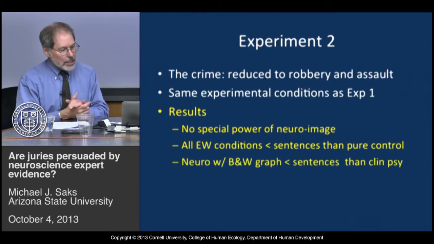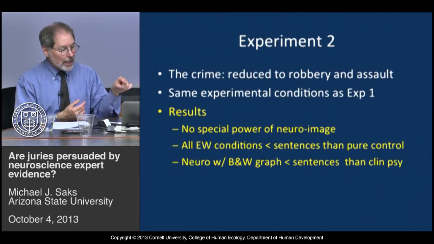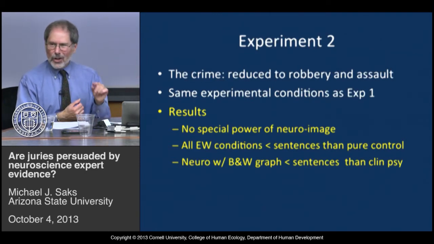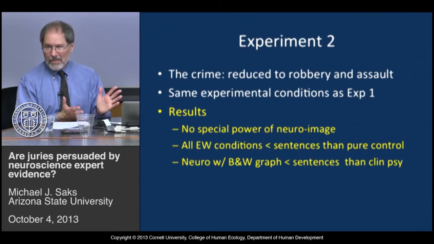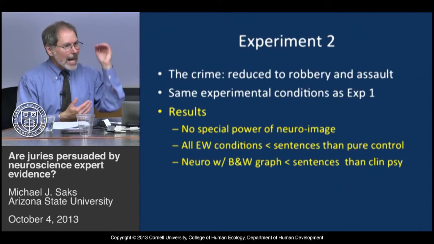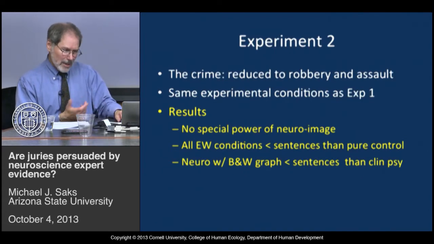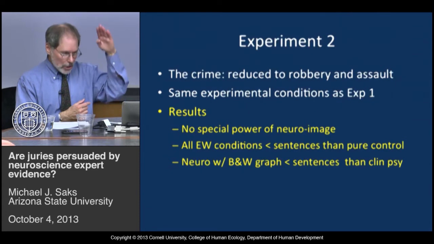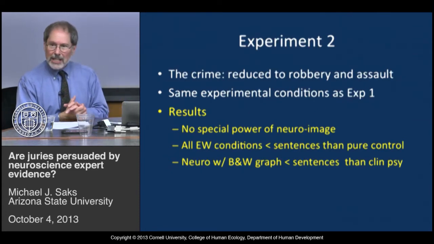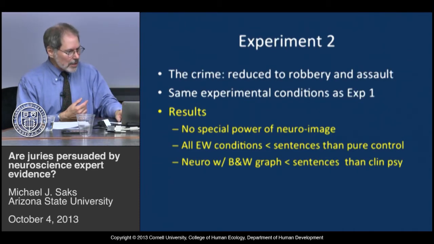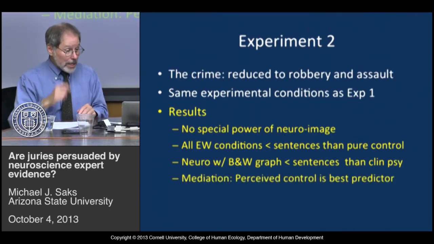The clinical psychology condition did not produce as much of a lowering as, get this, the neuroscience testimony with a black and white graph. The brain image was not the most potent thing for lowering sentences. The black and white graph was, and it was lower than the clinical psych testimony, but only marginally lower than the other things.